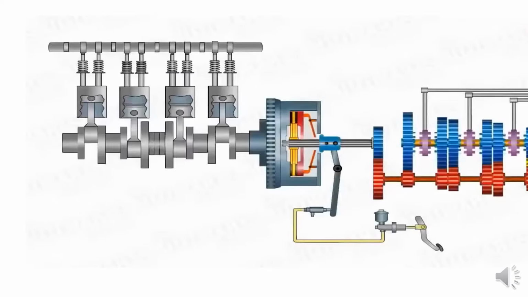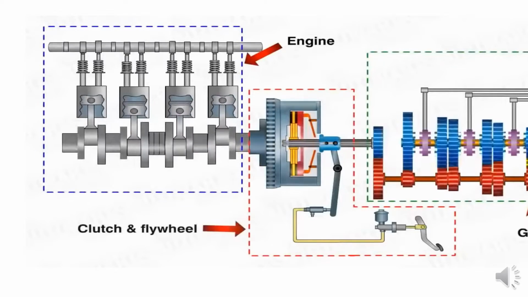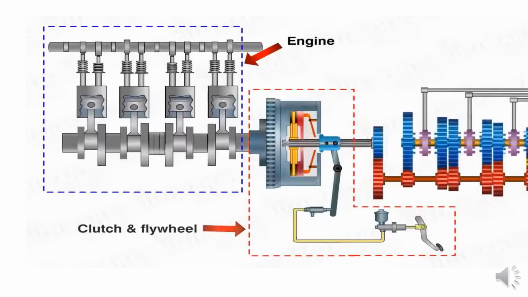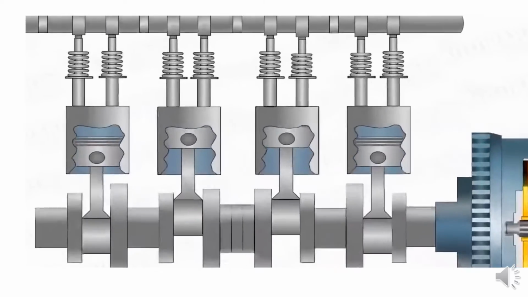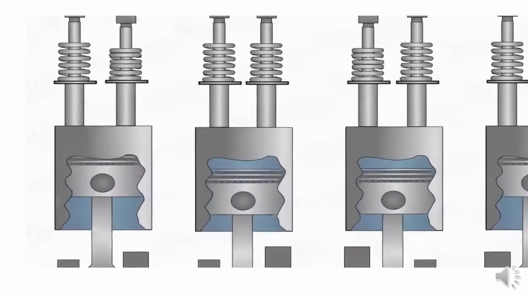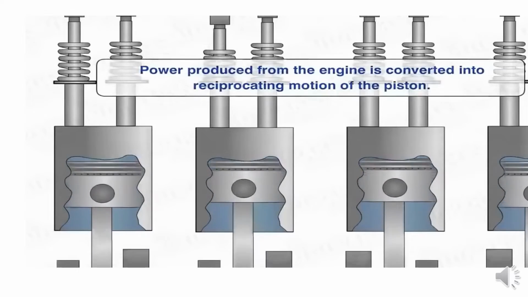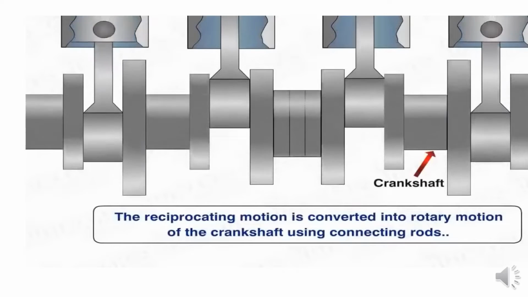See, this is the complete transmission of the power generated from the engine. The engine power is transmitted by using the clutch. After that, from the clutch the power passes to the gearbox.